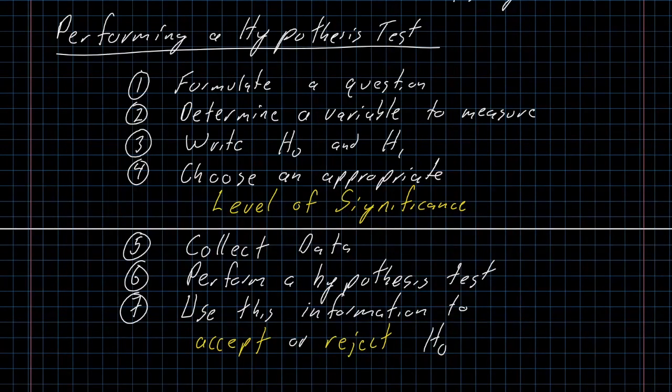Once you have your question, the next thing you want to do is determine how to approach that question. A hypothesis test is only really doable if you can collect numerical data to analyze. So you have to come up with a variable that should be measured.